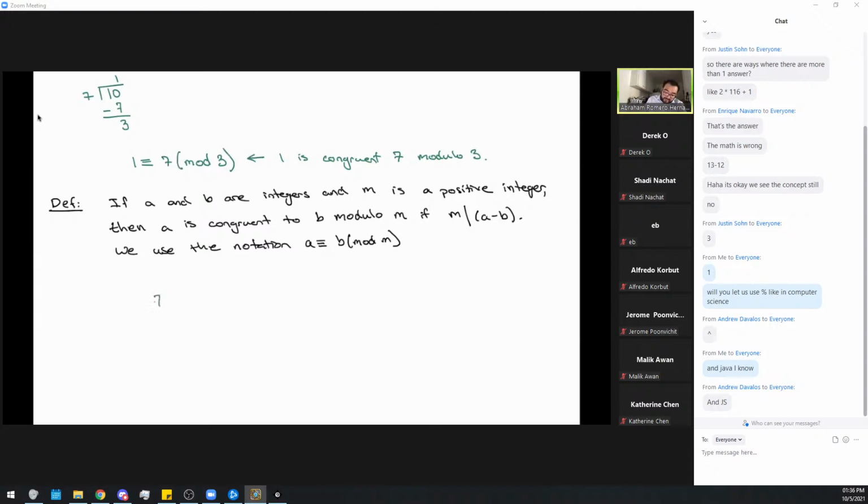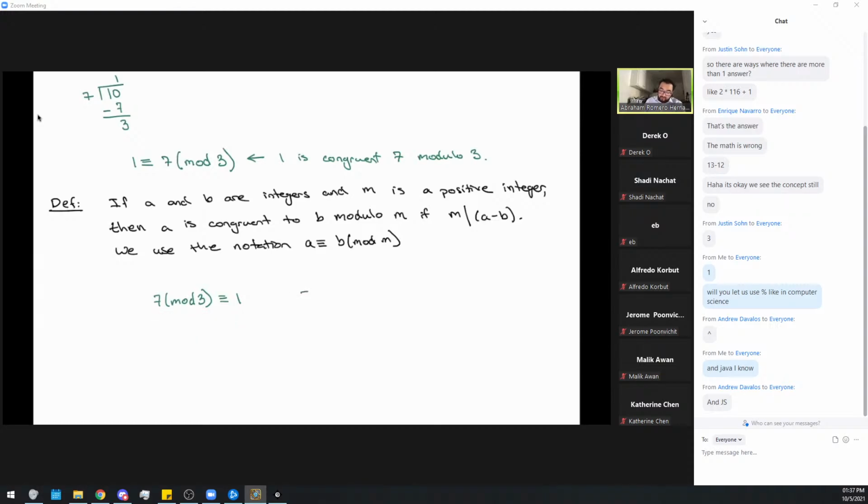So if we have 7 mod 3, and I say, what is this congruent to? Then I'm stating this notation. I'm not saying what it's equal to. What is it congruent to? Well, 1 is a possibility, because yes, I can do 1 minus 7, and that's still divisible by 3.